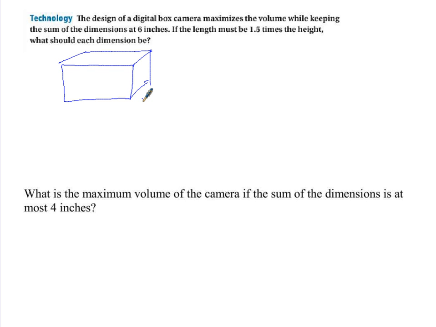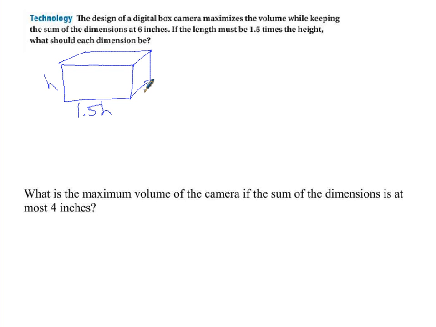H. Yeah, we don't know it. So that's like the anchor dimension right here. The length must be 1.5 times the height. I don't know what the height is, so I'm going to call that H. As soon as I call that H, then what must the length be? 1.5 times H. Perfect. And now the sum of all the dimensions has to add to be 6 inches. The only other dimension I don't know is this one right here. If I take this plus this plus this, I got to get 6.